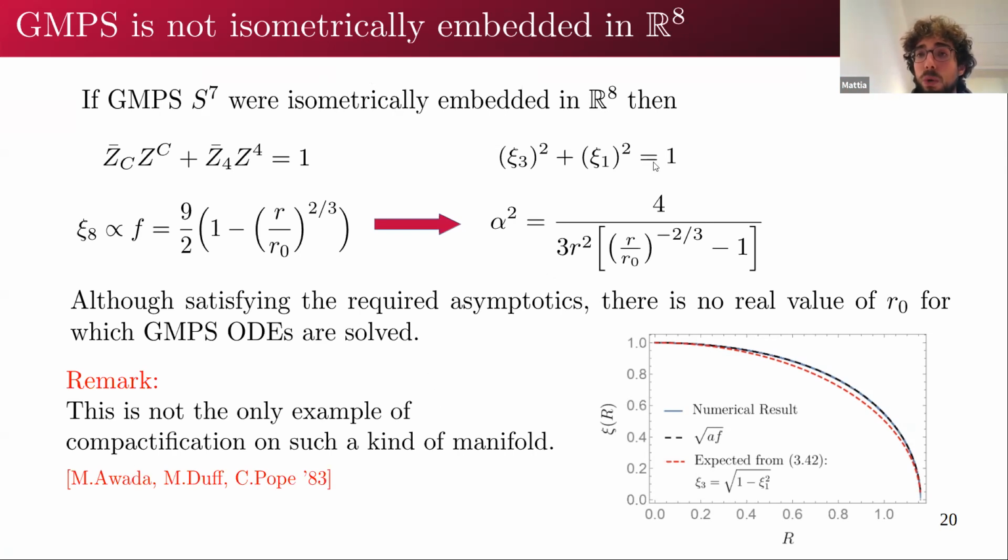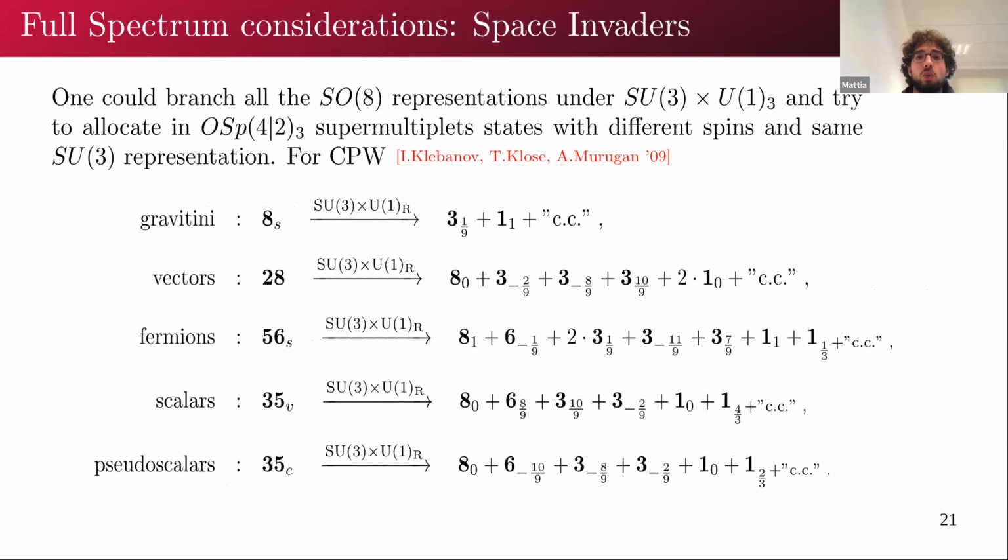I should mention that both solutions do not come from a consistent uplift from 4 dimensions. And as we'll see in some minutes, this is not the only feature that they share, because one could in principle try to go beyond the graviton spectrum and make considerations about the full matter content spectrum of the theory.